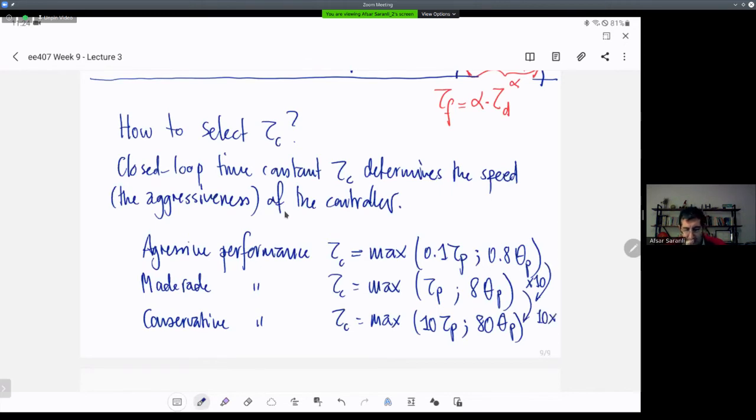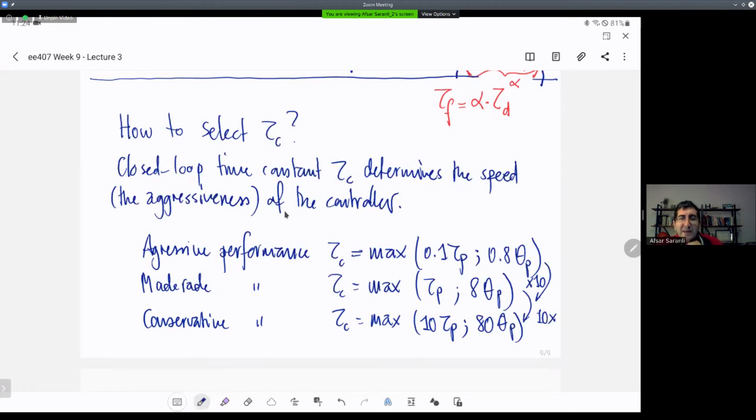All right, so you might argue, what's the point of having a controller if I'm not speeding up the system? But remember that your objective might actually be to stabilize the system. If the original system has a time constant tau p, maybe it's too close to the stability boundary.